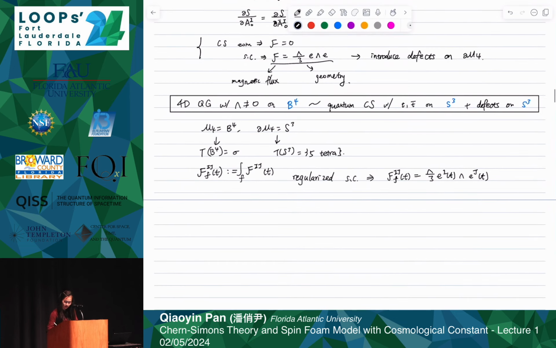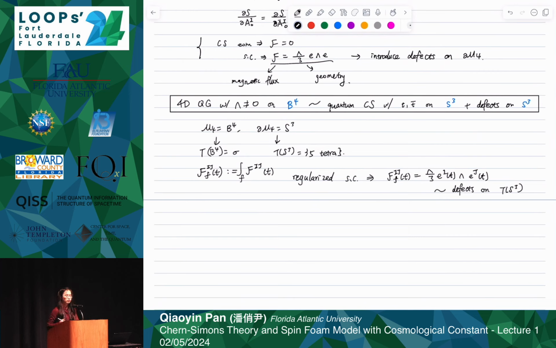As I said, before we do discretization, this simplicity constraint should introduce some defects. Now we also want to introduce defects after the discretization. So we want to interpret this as some defects on the triangulation of the 3-sphere now.